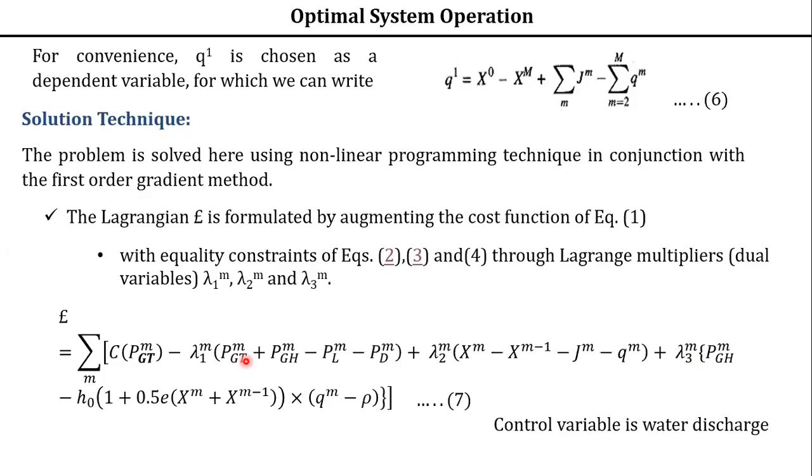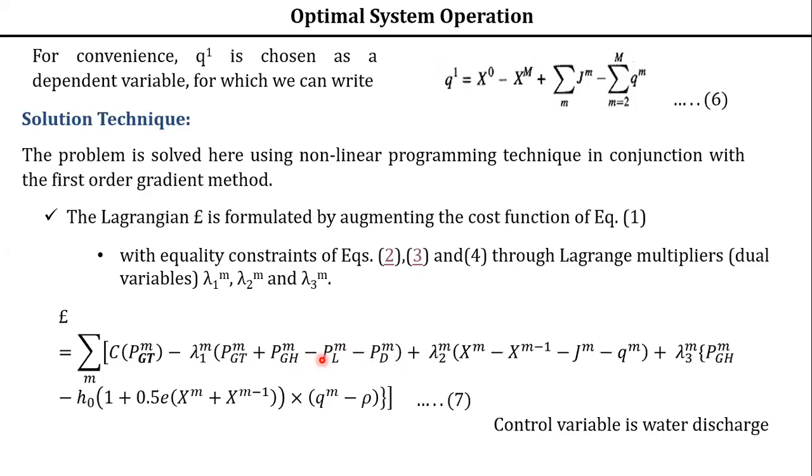The PGT term is available here. So when you take the derivative of this one, it will be lambda 1m. PGH is another dependent variable. PD is a fixed variable, so its derivative is 0. What about PL? I told you I am going to explain this, so please keep it in mind. What is PL for a two plant system? PL is a function of your PGT as well as PGH. I explained this in today's class.